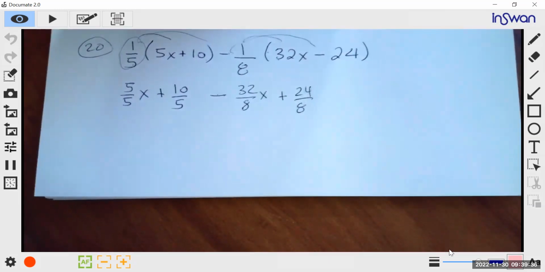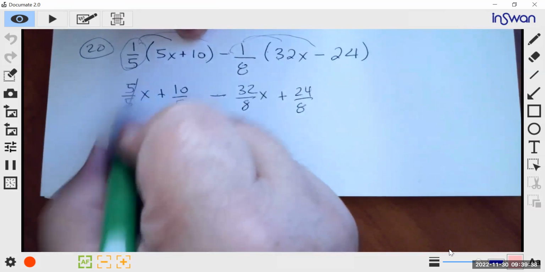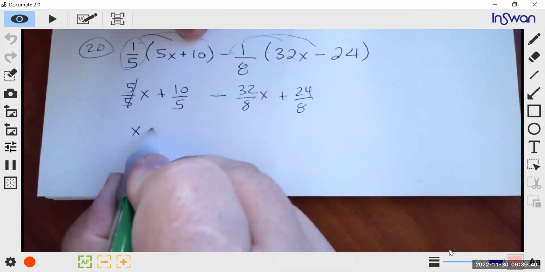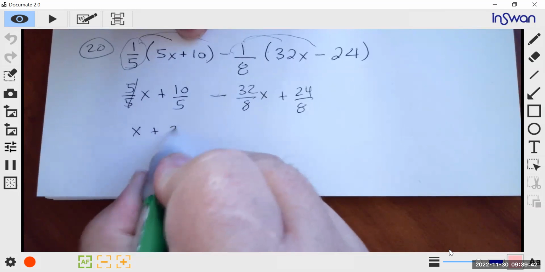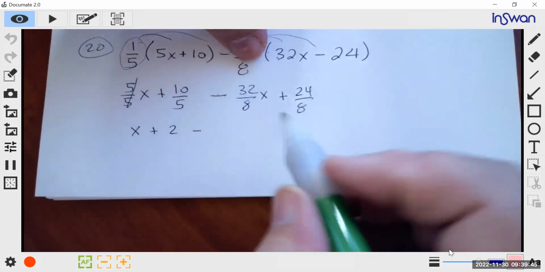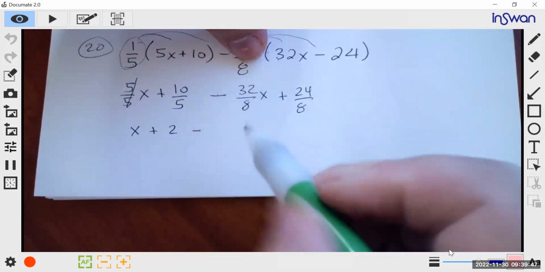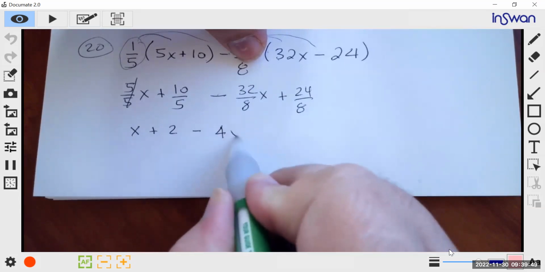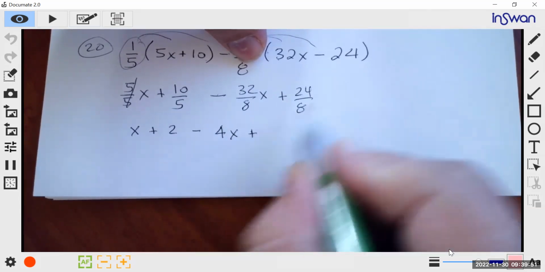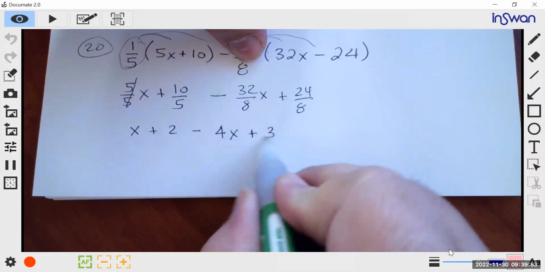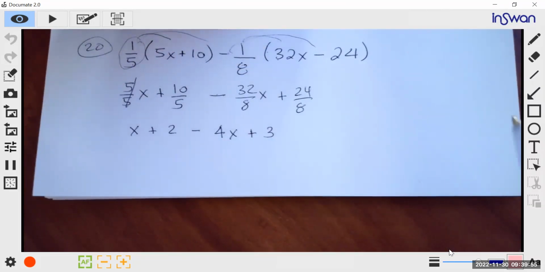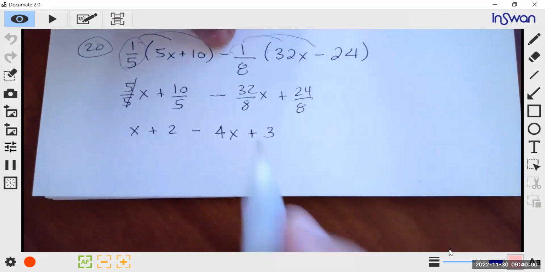5/5 is 1, so it's just x. 10/5 is 2. 32 divided by 8 is 4. 24 divided by 8 is 3. Now we combine like terms, right?